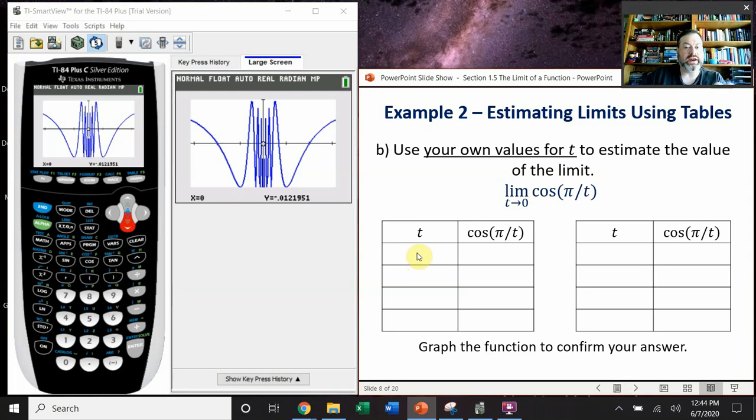But the idea is you want to find numbers that all get closer and closer to 0 from the left and from the right. Maybe you can find some way to do it so that there's no pattern. Even if there's no pattern, this should settle down in some way. So see if you can come up with something that will confirm or deny whether this limit exists or not.